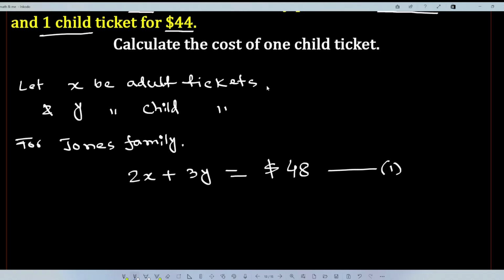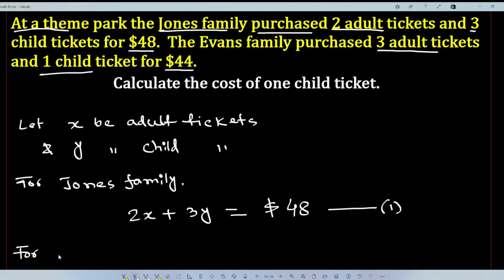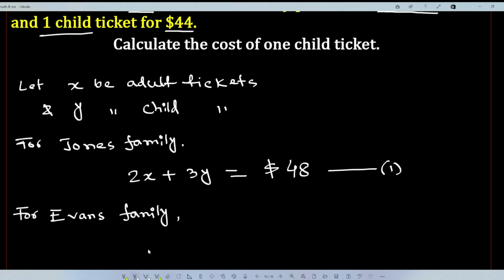Okay, for the Evans family, 3 adult tickets, it means 3x, plus 1 child ticket y, equal 44.